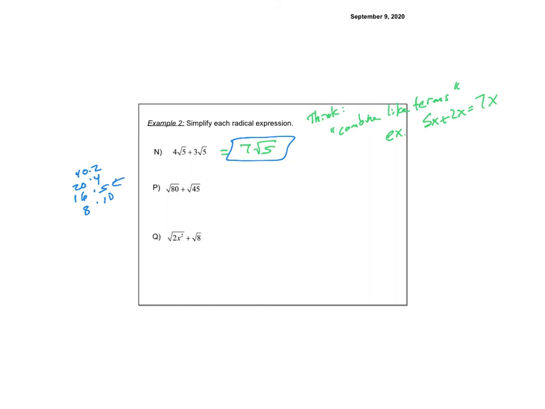So I'm going to break down 80 as a square root of 16 and a square root of 5. 45, that's just 9 times 5, and I can find the square root of 9. The square root of 16 is 4. The square root of 9 is 3. Just think about that: you've got 4x plus 3x, and I'm calling the square root of 5 there x. So 4x plus 3x is 7x, which is the same thing as 7 square root of 5.